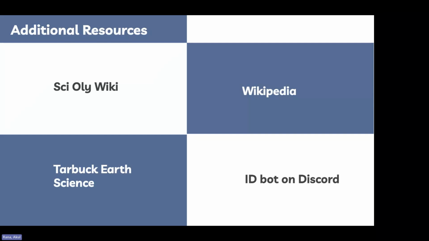But I think the most important resource, if you can only use one of these, is the ID bot on Discord. I don't know how familiar you guys are with Discord, but it's basically like Slack or Microsoft Teams. The bot gives you random images of different fossils, you type in your ID, and it lets you practice.